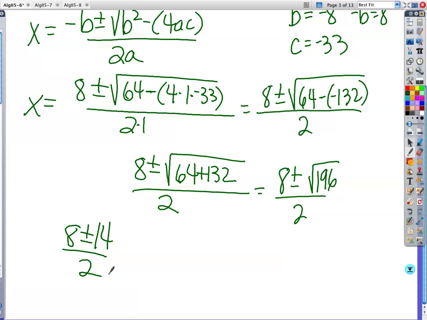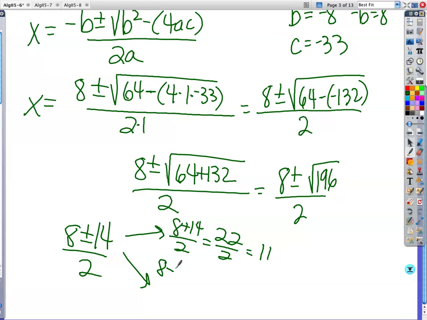Now, you're going to have to do this 2 separate answers. You're going to do 8 plus 14 over 2, which gives me 22 over 2, which is 11. And if you go the other way, you do 8 minus 14 over 2. That means plus, there's a button on your calculator, but you cannot do this mathematically on your calculator, then poof, have both answers come out at you.